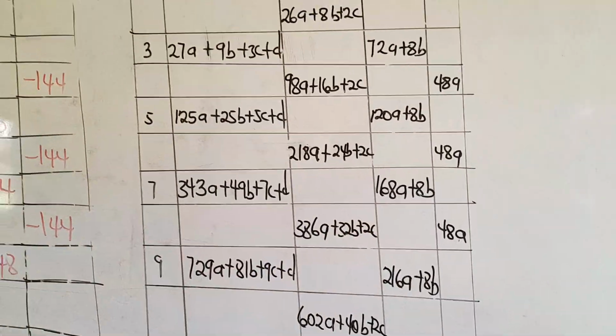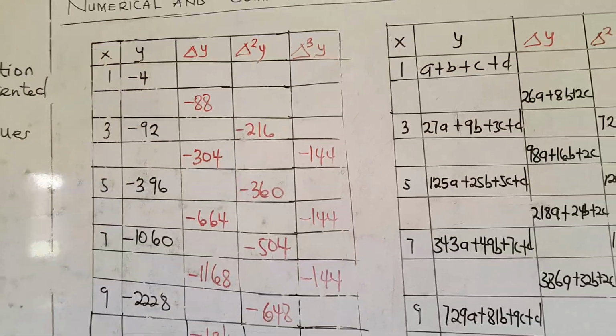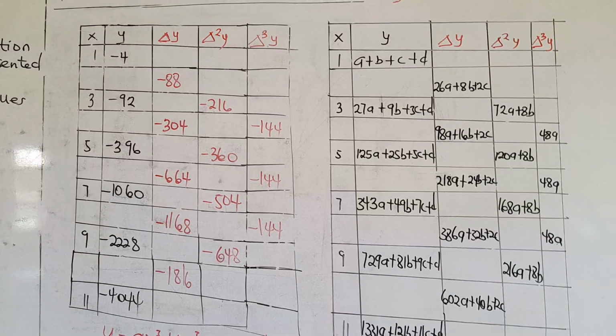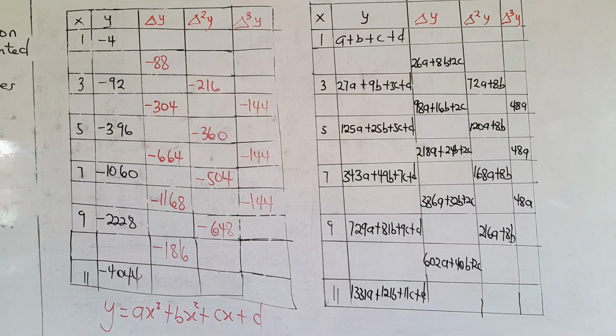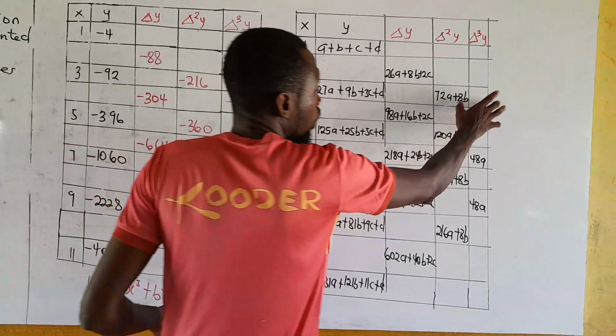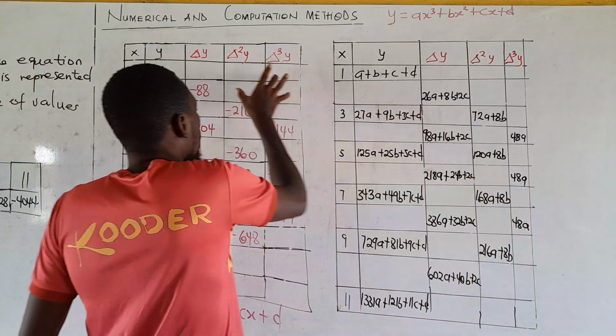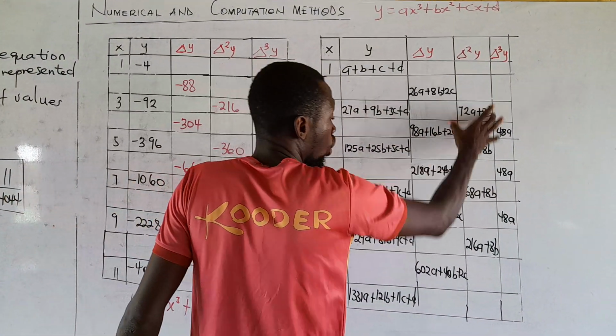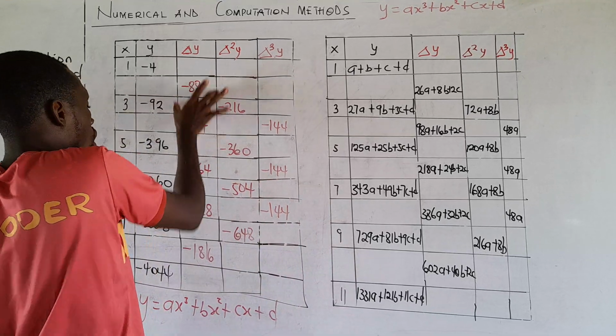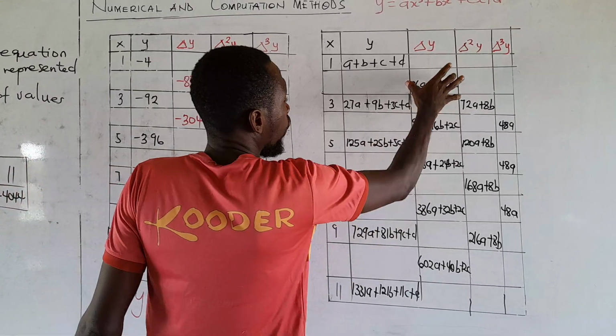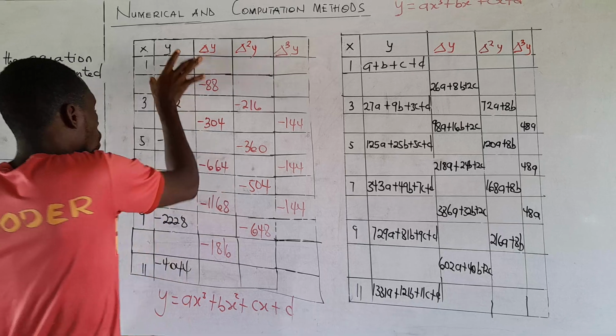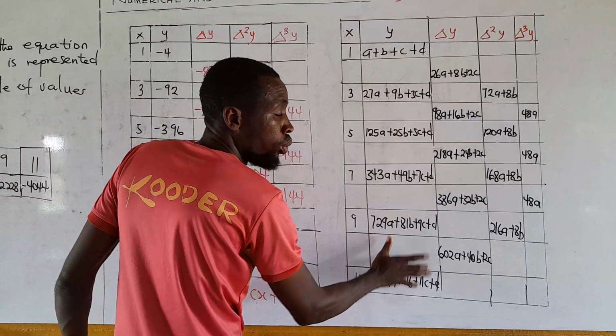Now having gotten those values for x and y, it implies that all the values here are equal to all the values here. All the ones here correspond to this, all these here correspond to this, then all these ones here also correspond to this.